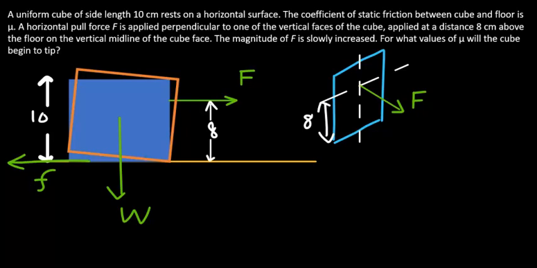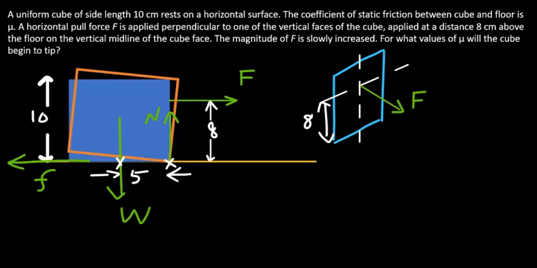And as the cube starts to tip, the normal force will shift exactly to that point, because that becomes the sole point of contact of the cube with the floor. The distance from here to the tipping point has got to be half of the side of the cube. So in this case, the sides are 10 centimeters, half of that is 5.